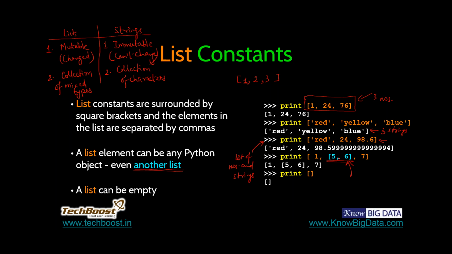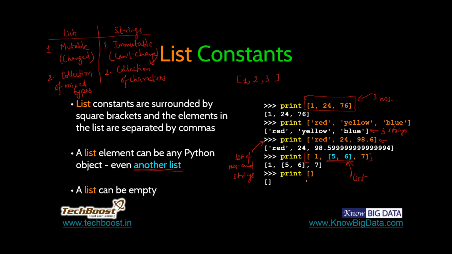We'll also see how can we access elements which are part of a list inside a list. All right. So 5 comma 6 here in this case again is a list, and this overall is a list. Okay. We'll discuss more on this.